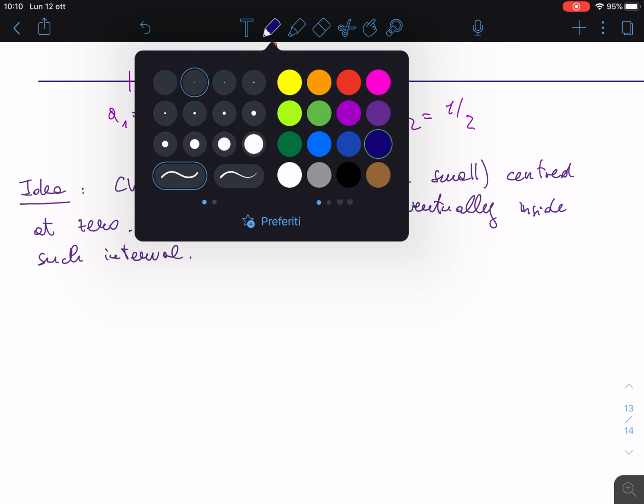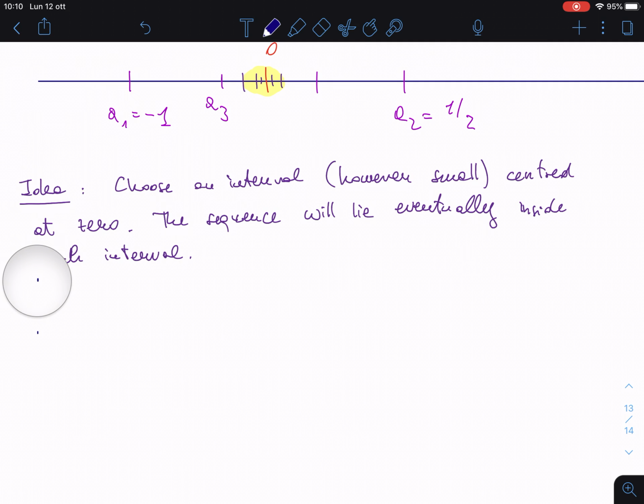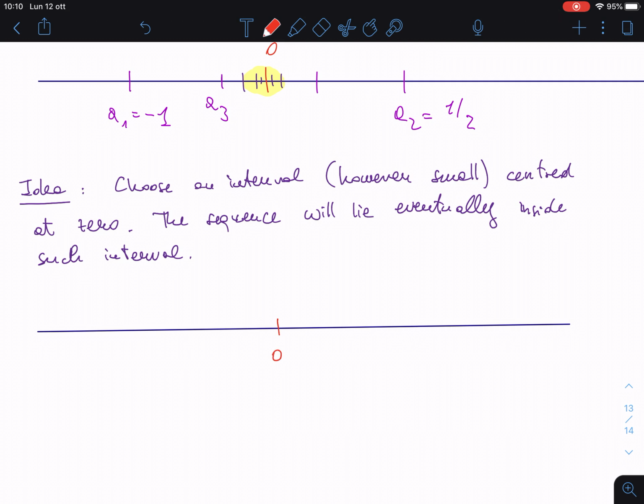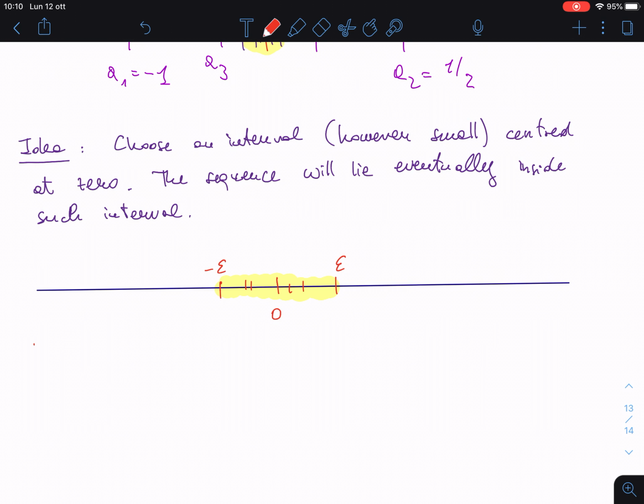So let us try to understand what is the meaning of that. Here you have 0, here you have an interval around 0, and let me call this interval minus epsilon, epsilon. Okay? I'm stating that for every value of this epsilon, however small epsilon is, sooner or later the sequence will fall here. So for every epsilon larger than 0, which means for every interval centered at 0, the sequence will lie eventually.